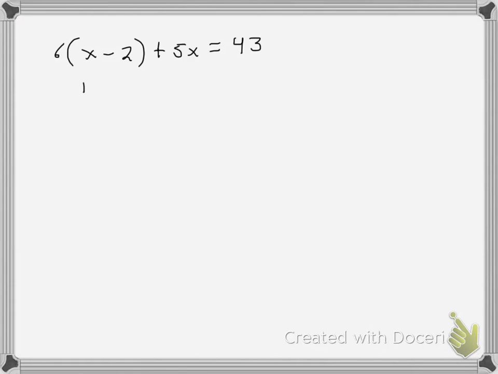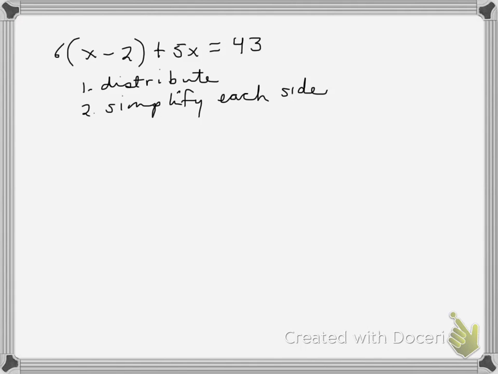First we're going to distribute. Then we're going to simplify the left and right sides by gathering like terms. That would be adding up all the numbers together and adding up all the variables of each type together. That would be like terms. Okay, simplify each side of the equation, left and right side.